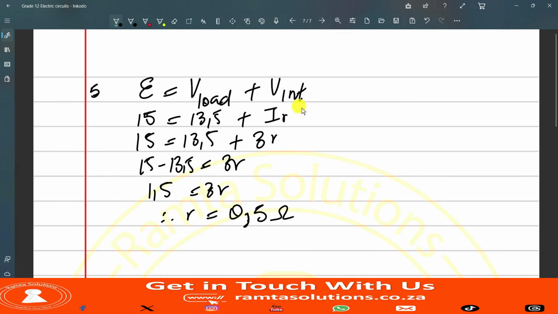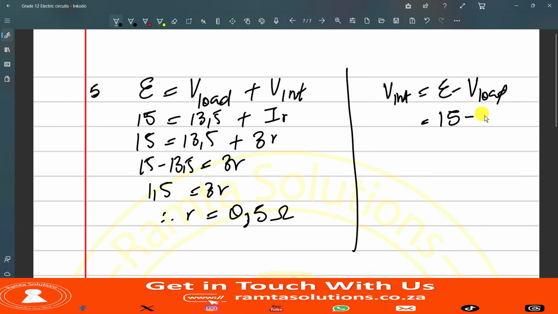You can also just get V internal first and say IR, whichever you like. There is nothing wrong if you say V internal equals emf minus V load and say 15 minus 13,5 and say this is 1,5.